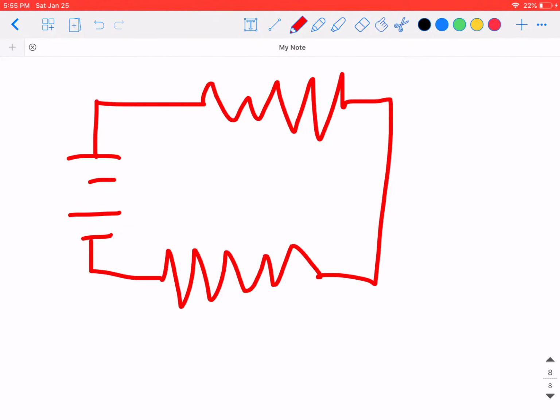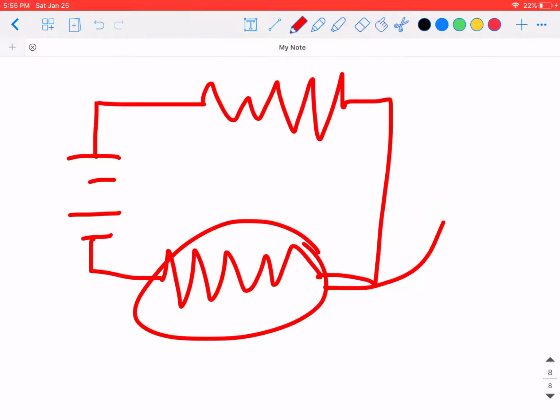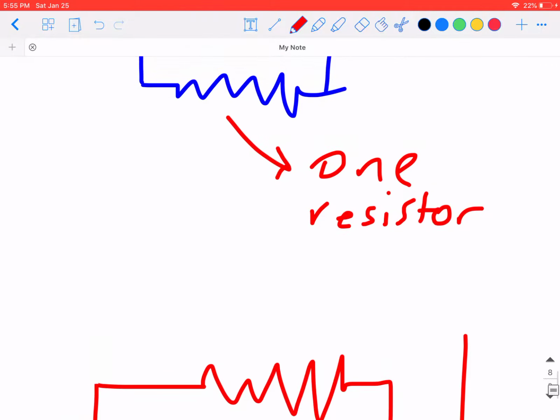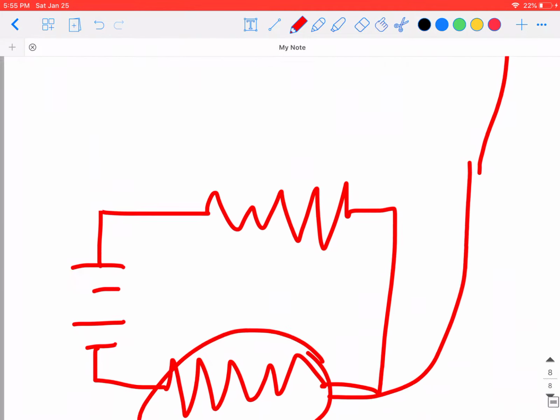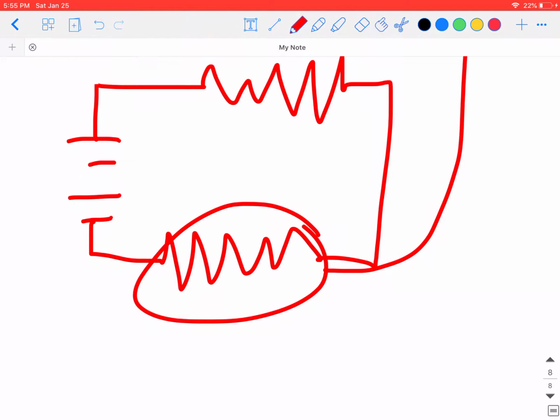And we already know how to solve this. This is just resistors in series. But this right here is just that blue thing right there. So we just changed that blue resistor into this simple resistor right there. And that's how you would simplify circuits like that.